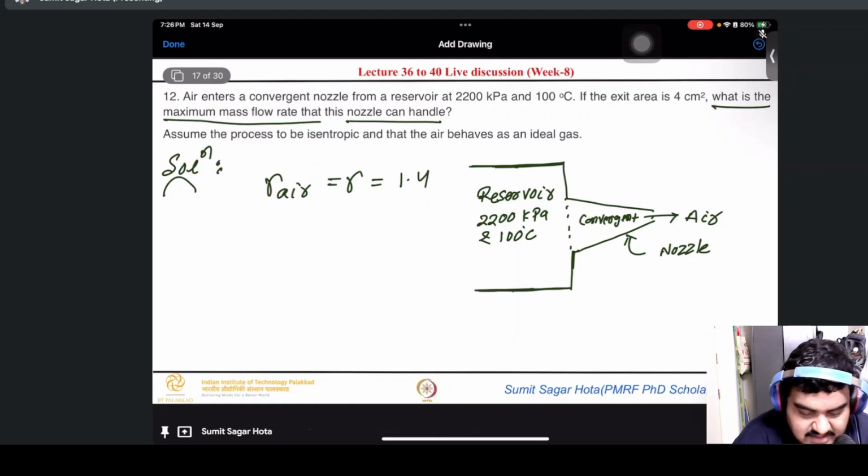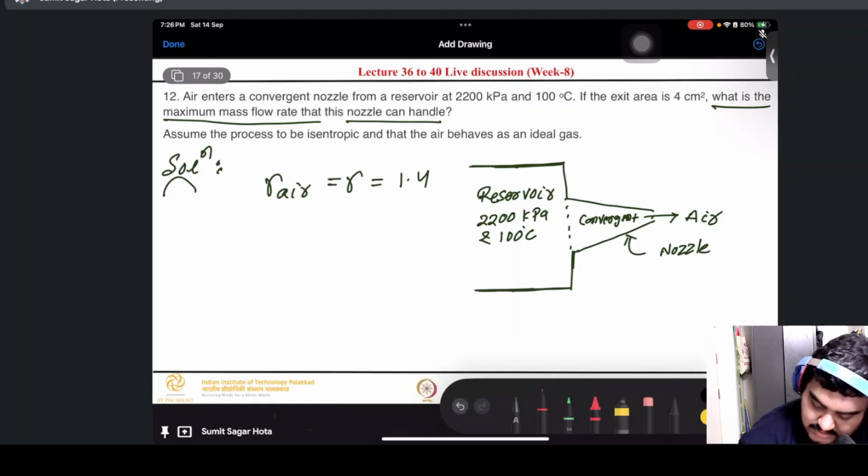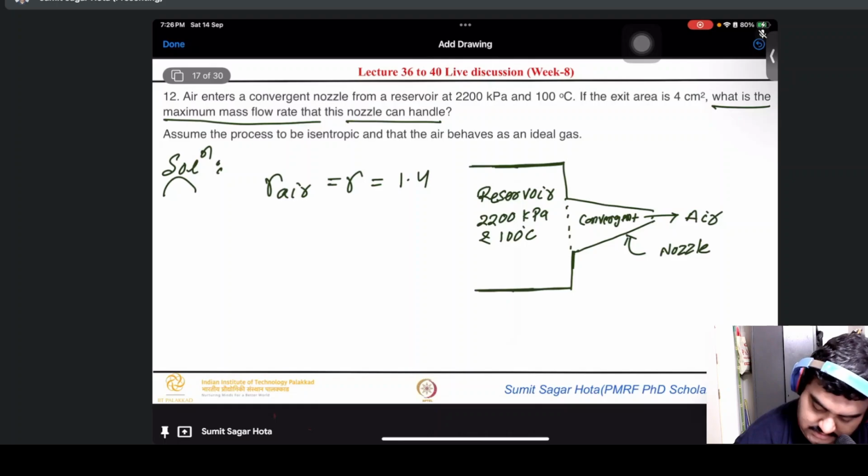That means we have to find out the m dot star, which is at the exit of the nozzle.